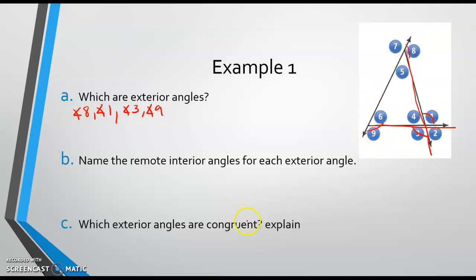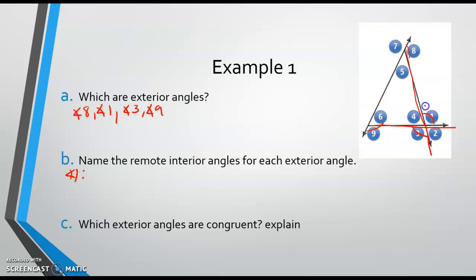Now, it says name the remote interior angles for each exterior angle. So I'm going to start with angle 1. Our interior angles can only be 4, 5, and 6. Think about it, it has to be inside the triangle.